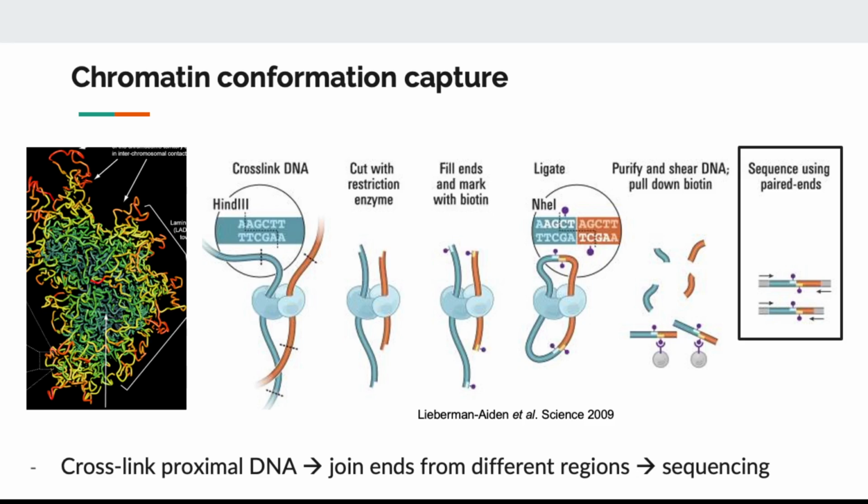Another interesting technique is called chromatin conformation capture. We will learn in later lectures that we used to think about DNA or the genome as just one-dimensional, like A, T, C, G, G, G, A. But because DNA is also a polymer, it must have some 3D structure.